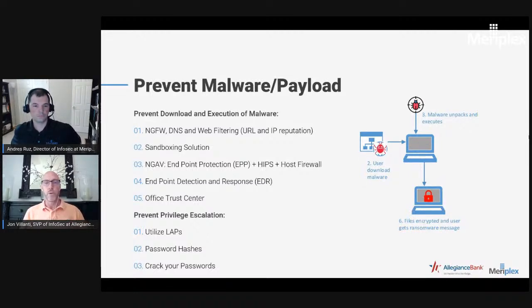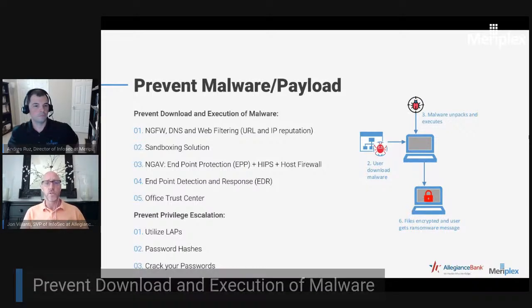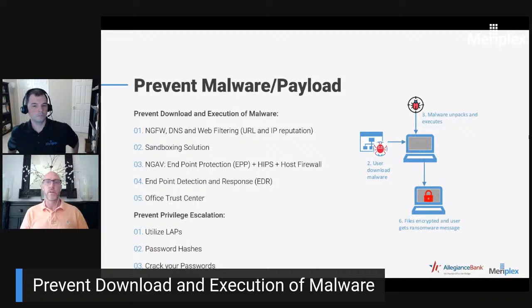If we think about the perimeter of your network, there are a lot of opportunities to prevent this payload from coming through, with next generation firewalls doing that inspection, not just at layer 3 and layer 4, but also tearing apart layer 7 payloads. And web filtering is a great opportunity to stop outbound bad clicks.